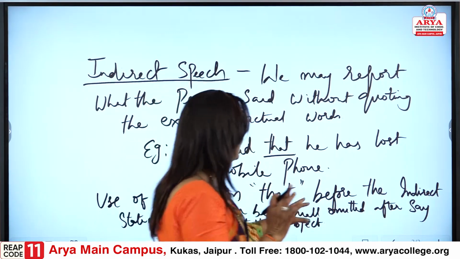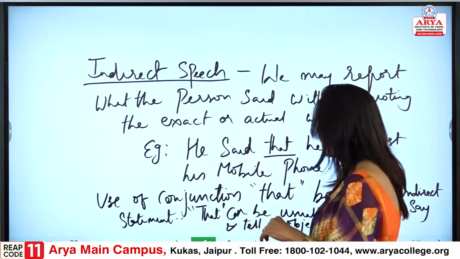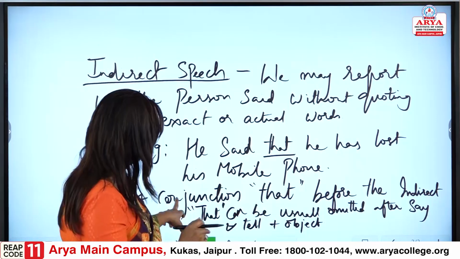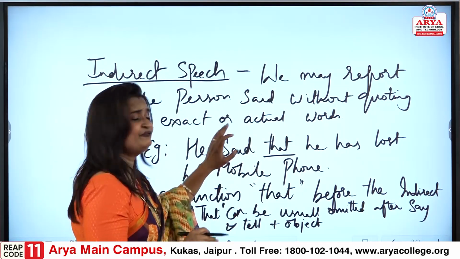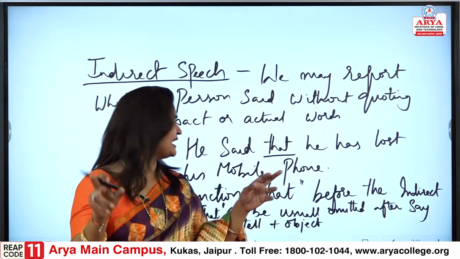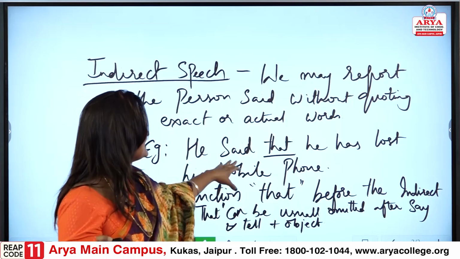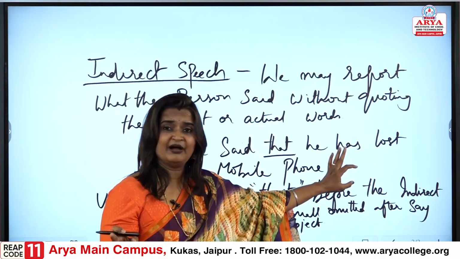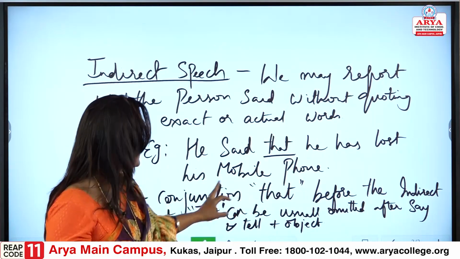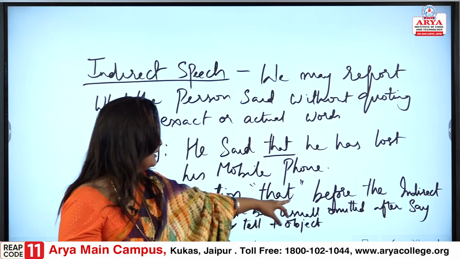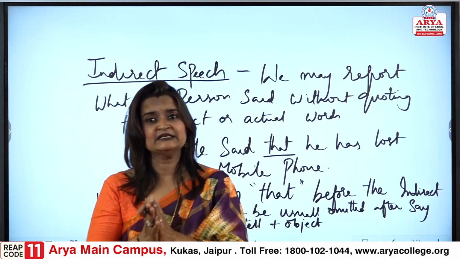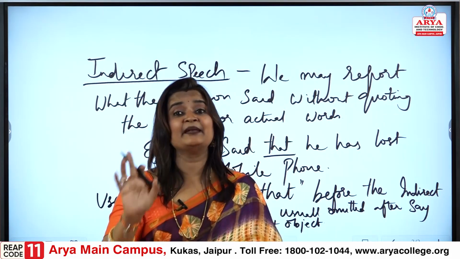"That" can be omitted after say and tell. If you are using, instead of said, say or tell plus the object, "he said that he", fine. Now the subject is he, the object is he, but again over here, when we are using it with say and tell plus the object, in that case "that" can be omitted.